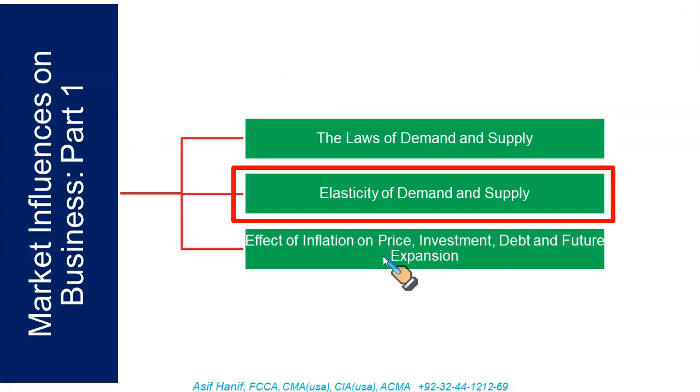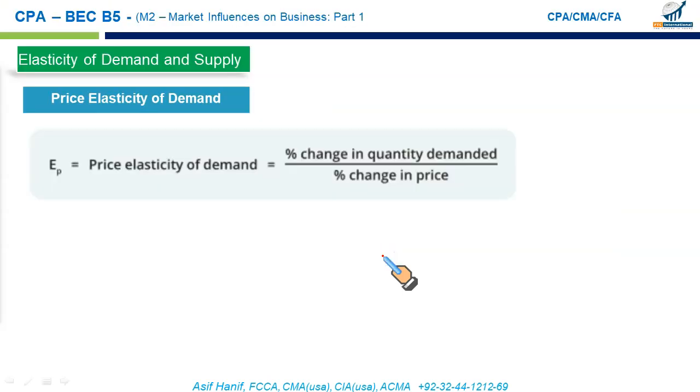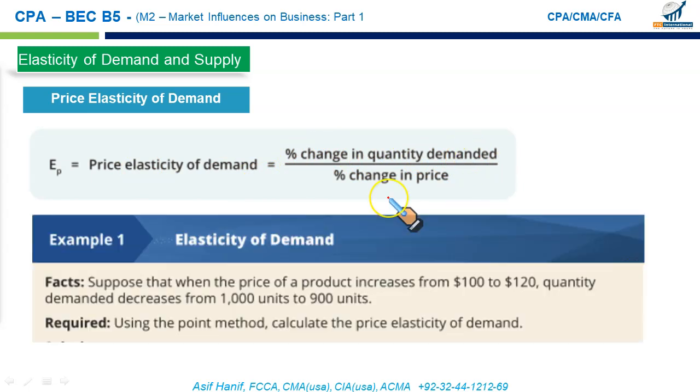Next, we have elasticity of demand. This is a very important area. What is elasticity of demand? Elasticity of demand basically is a measure to assess how responsive the demand is with respect to changes in price. This is calculated by dividing the percentage change in quantity demanded by the percentage change in price.